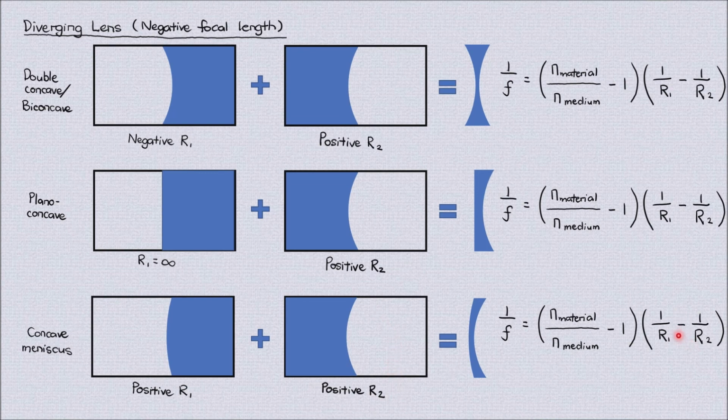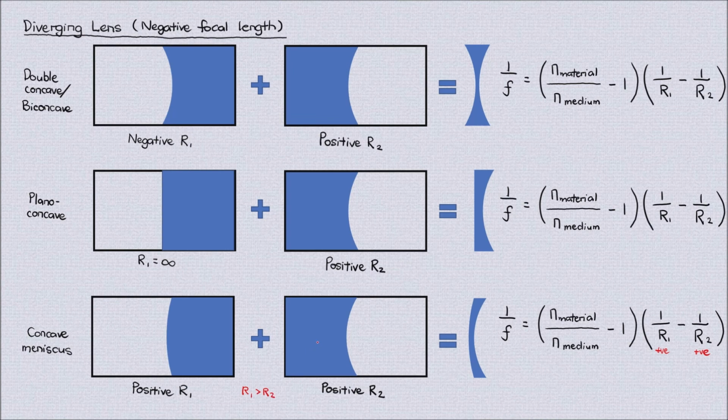So if we substitute that in, we encounter a situation similar to the convex meniscus just now. You will get a positive value for R1 and a positive value for R2 as well. But you can see here that R1 is larger compared to R2 because R1 here is nearly flat already.